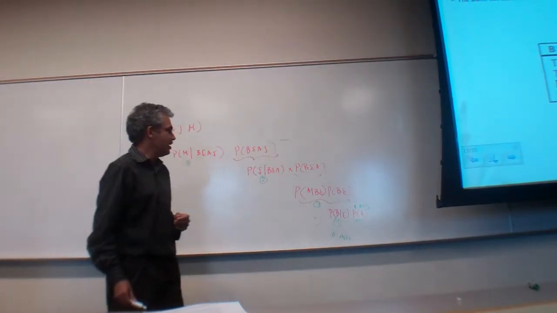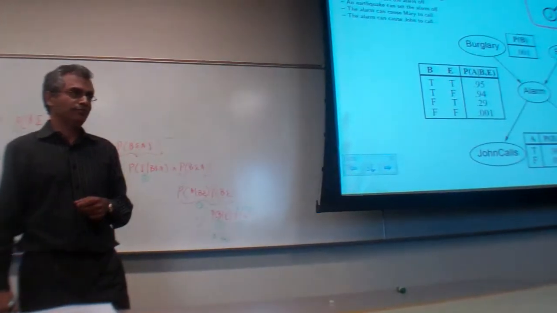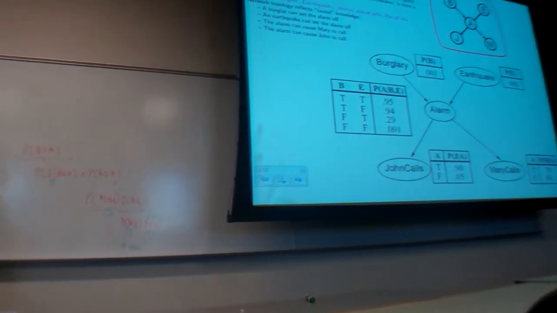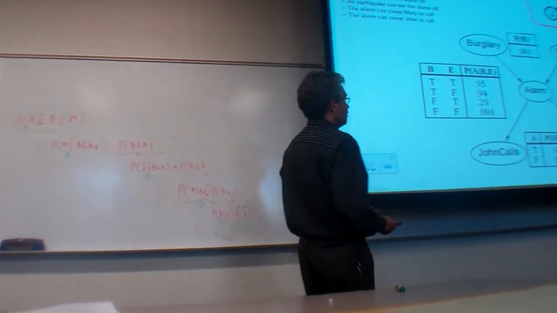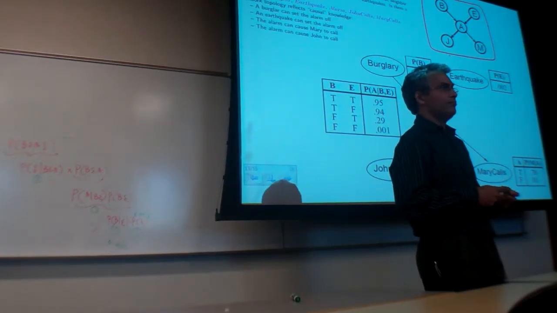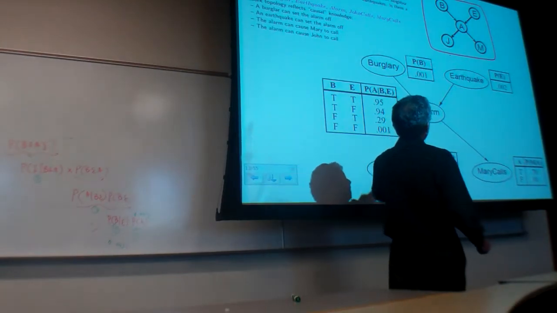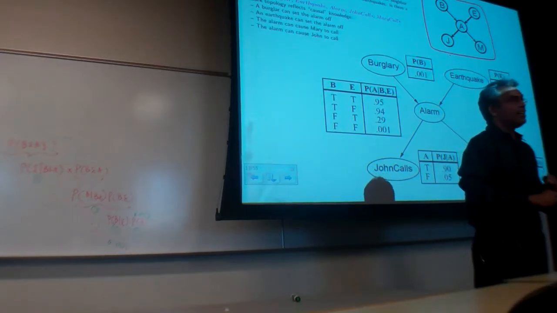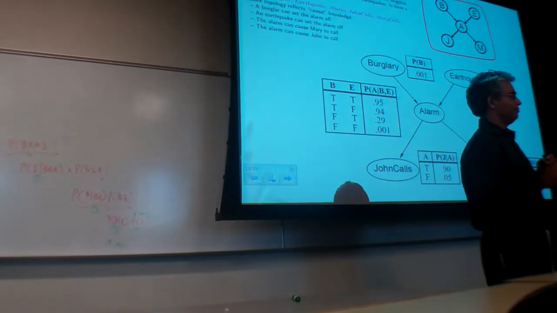Okay? But then I would need P(A given B, E), which actually is nicely present there. And then I get P(J given B, E, A). Once again, I have J given A. I don't have J given B, E, A. Once again, I would like to say J given B, E, A is the same as J given A. If I can say that, I'm done.